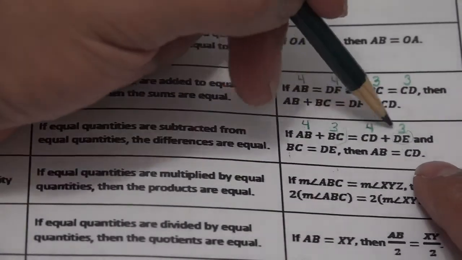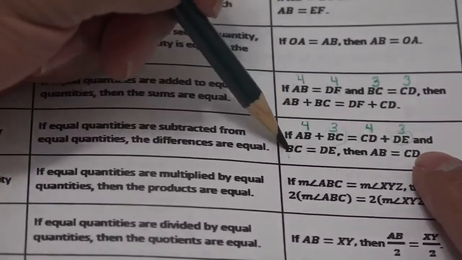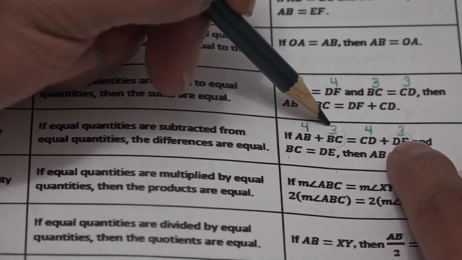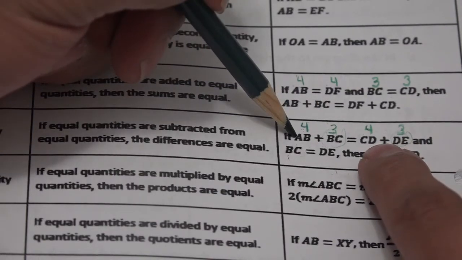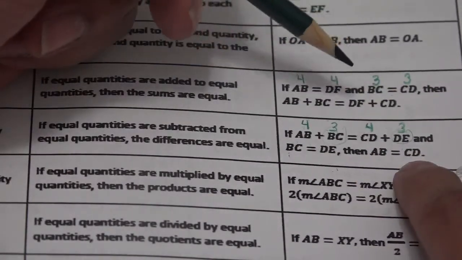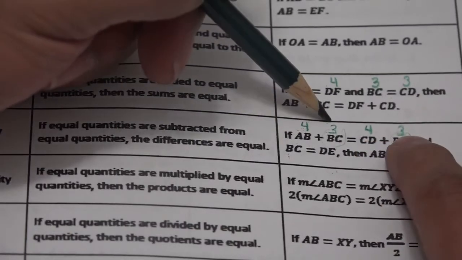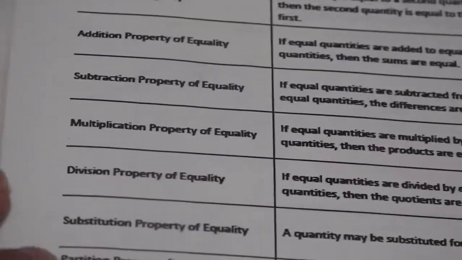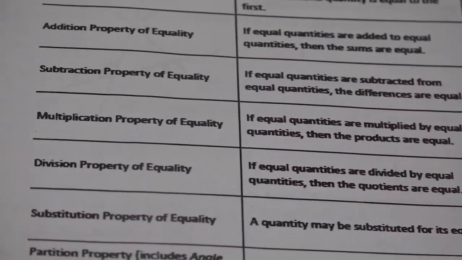So this is 7 and this is 7. Therefore BC equals DE. You see, 3 equals 3 if I subtract this, and vice versa. AB equals CD if I subtract the 3. So that's what it is. Hopefully you understood. If not, in the classroom I'll explain it again.